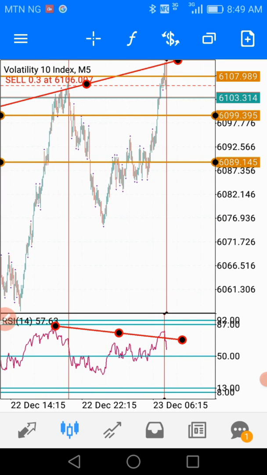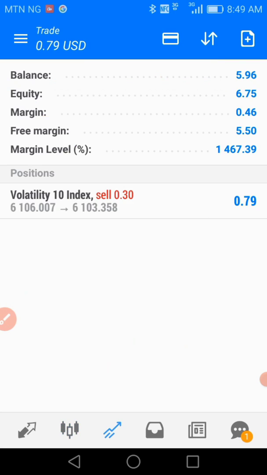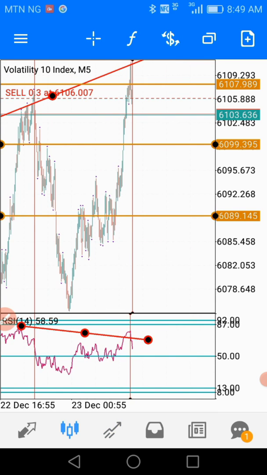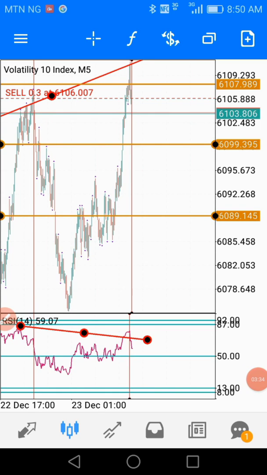It actually played out here, and we would have taken the entry from the 5 minutes time frame, but I'm on it already. I just took the trade, and basically it's playing out fine on 15 minutes, and we are taking the signal from the 15 minutes time frame.